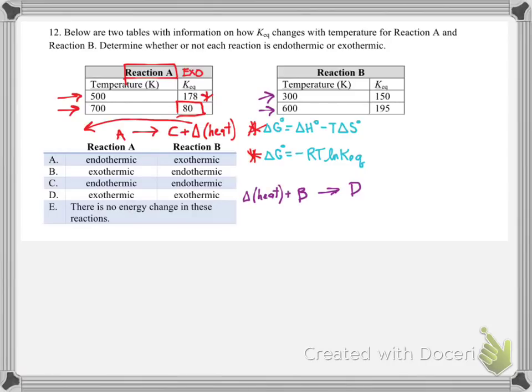Again, a way that we can think about this in terms of Le Chatelier's principle is as we increase the amount of reactants, in this case heat, the reaction would shift to the right. So this is an endothermic reaction. So that means that the one that correctly describes what we're looking at is B. Reaction A is exothermic, reaction B is endothermic.